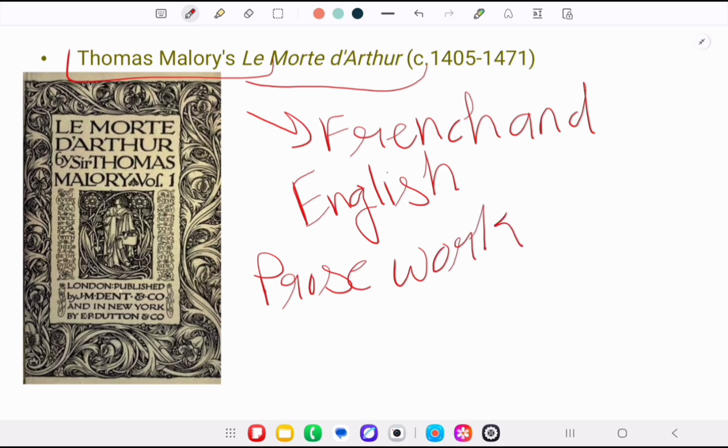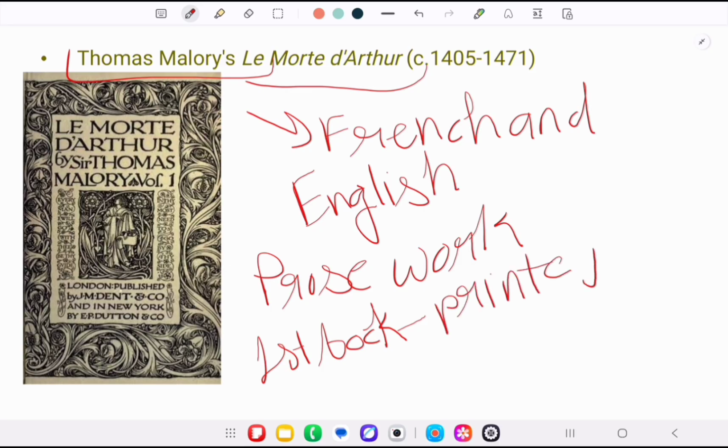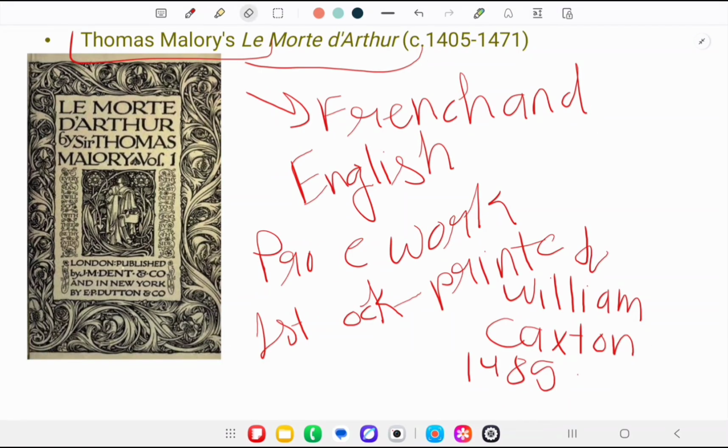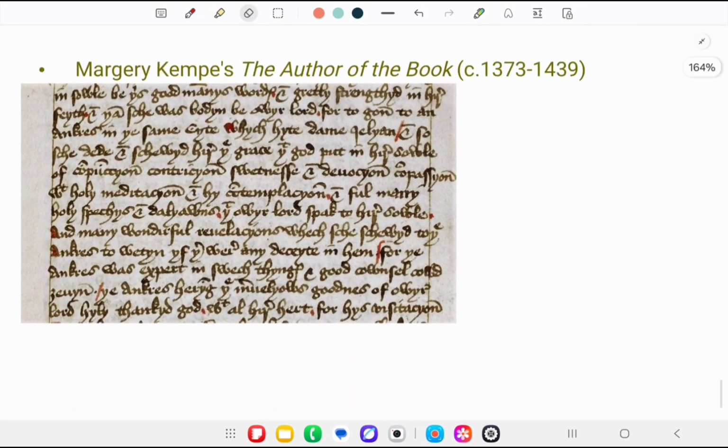It was one of the first books printed by William Caxton in 1485.